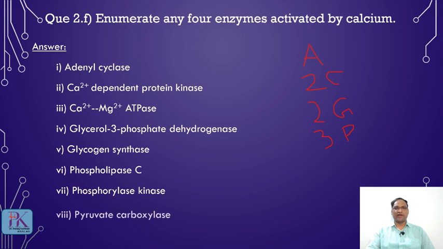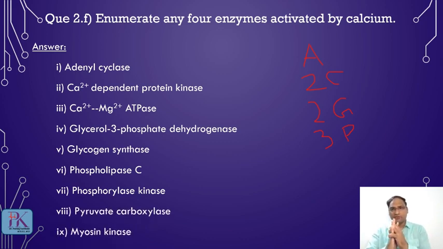Phospholipase C, phosphorylase kinase, pyruvate carboxylase, and lastly myosin kinase. So A stands for adenyl cyclase, then two enzymes starting from calcium itself: calcium dependent protein kinase and calcium magnesium ATPase.